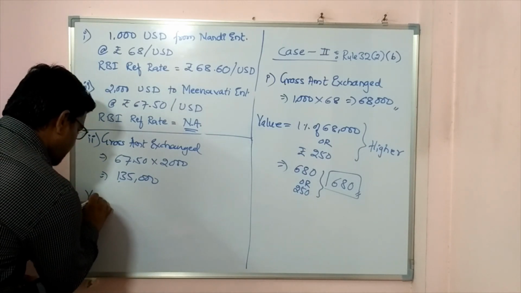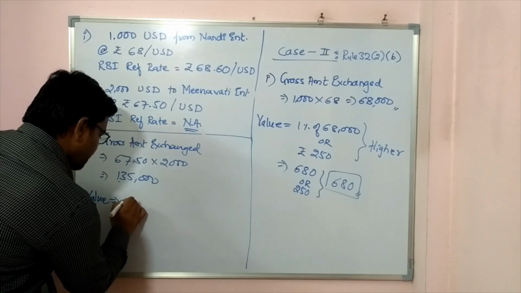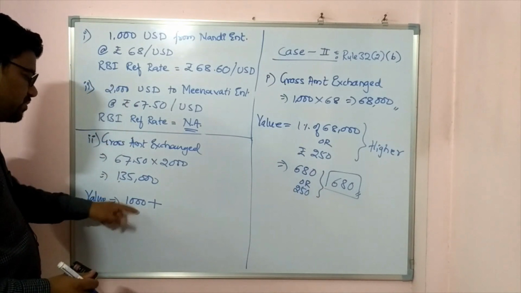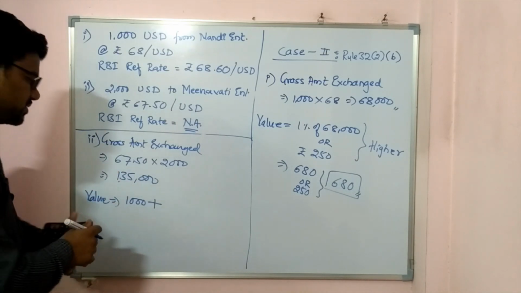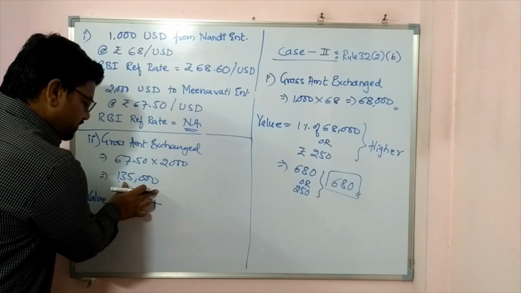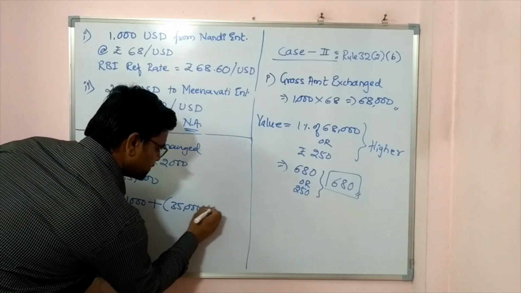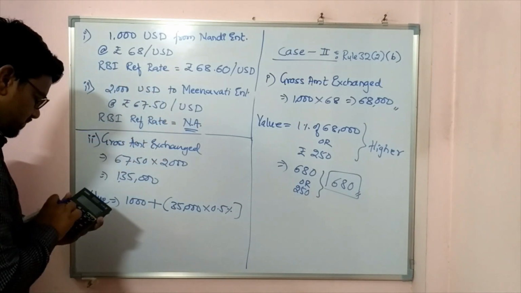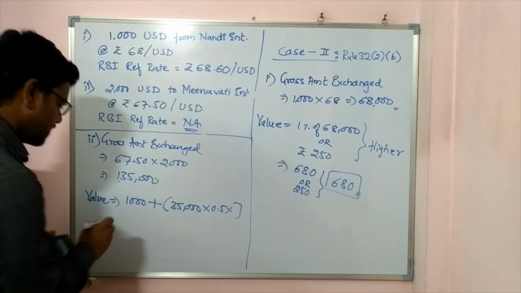Then my value of supply will be 1000 plus. I am directly calculating because it is more than 1 lakh, right? Up to 1 lakh it is 1000 plus 35,000's 0.5%. 35,000 into 0.5%, it is 175.